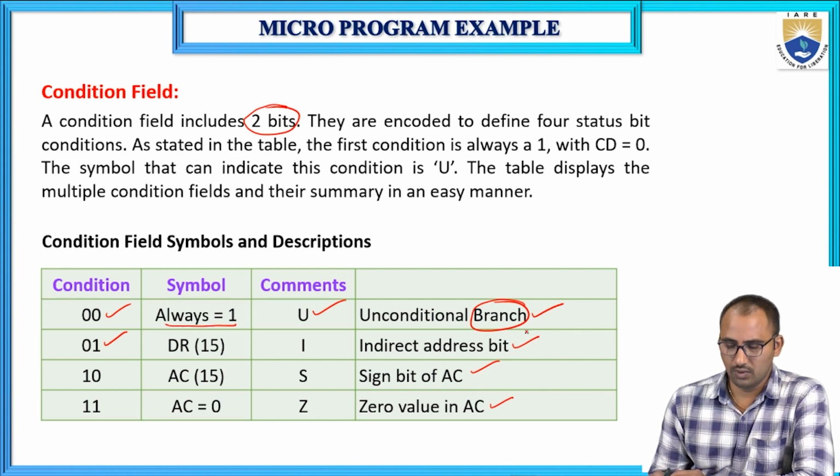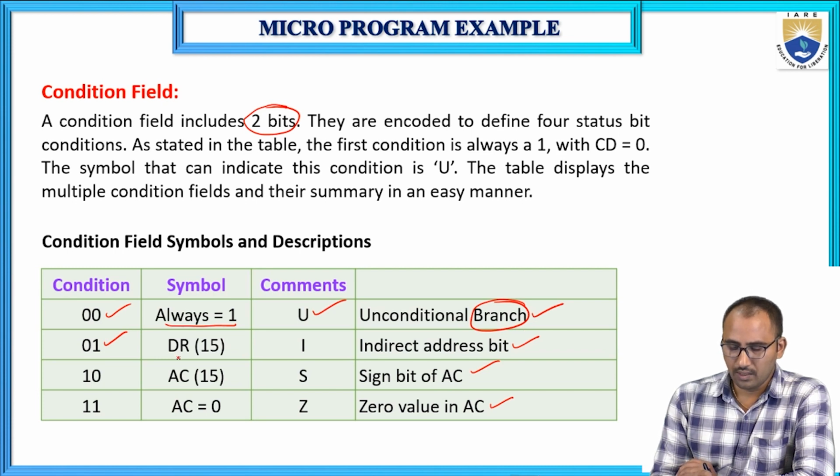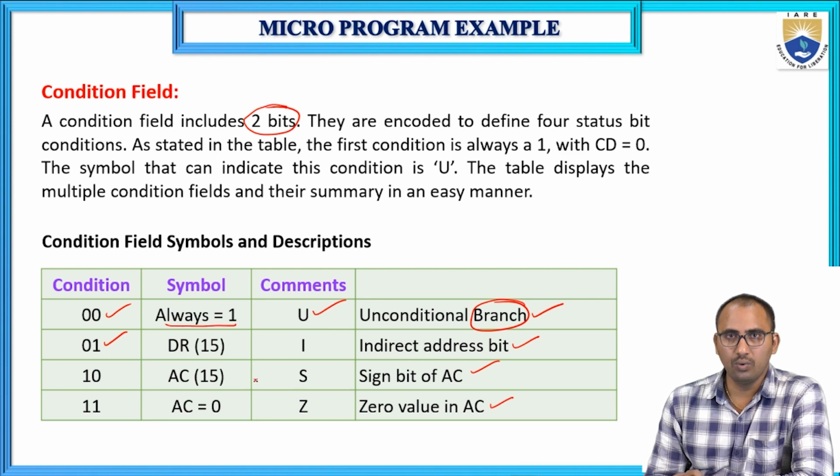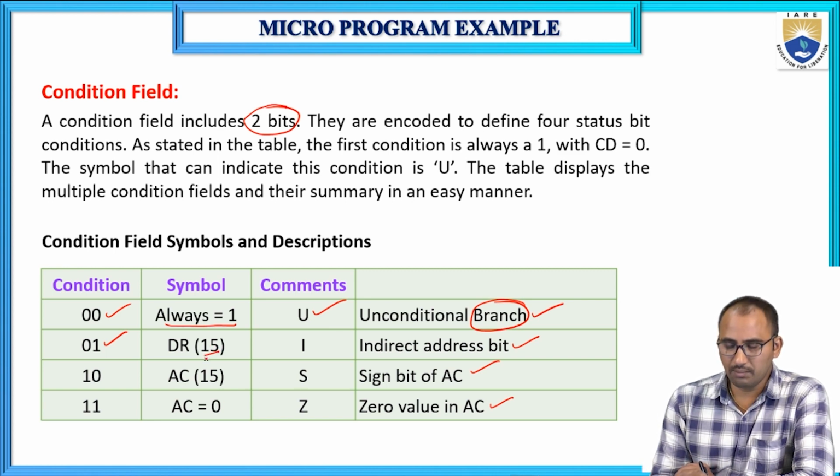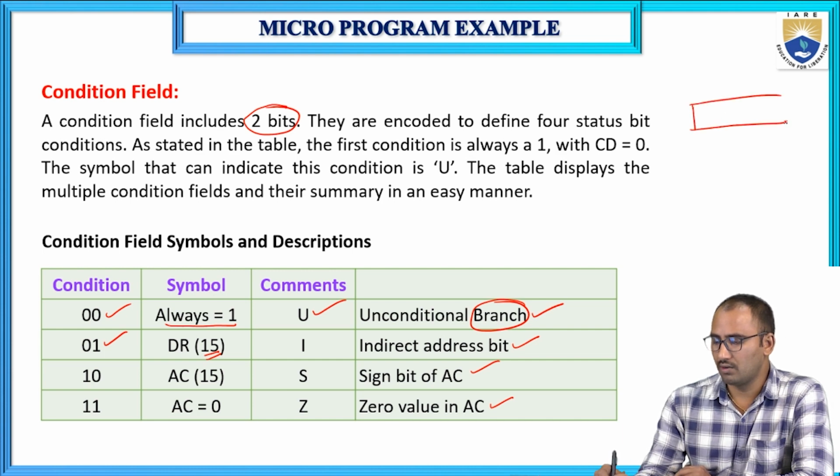In order to check this condition, we need to check the 15th bit of the data register. The data register size is 16 bits, 0 to 15, so this is the 15th bit.